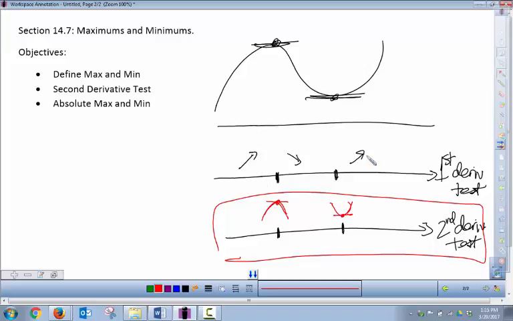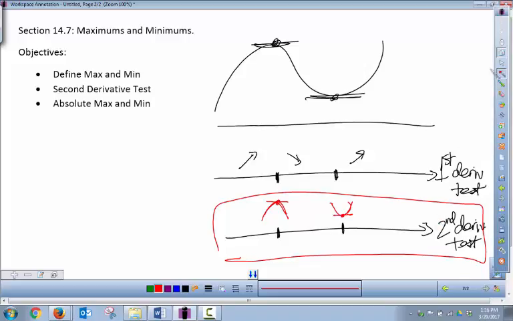Now, when we're talking about functions of two variables, this idea of the first derivative test doesn't make sense anymore. Because just like limits, there's many ways to approach the limit. There's many ways to try to approach the maximum or minimum. And so the first derivative test won't work, and so we'll rely on the second derivative test.